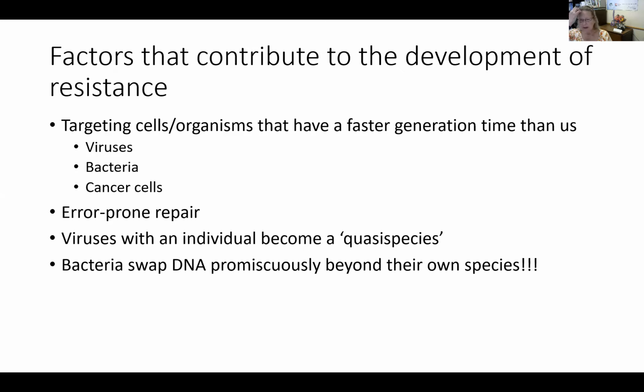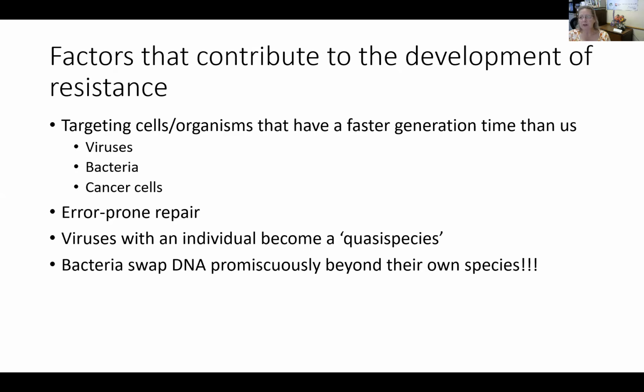Bacteria are notoriously promiscuous. And what I mean by that is that if you consider, say, the bacteria in your gut, you have a very, very high concentration of a wide variety of organisms all living together in your gut community.